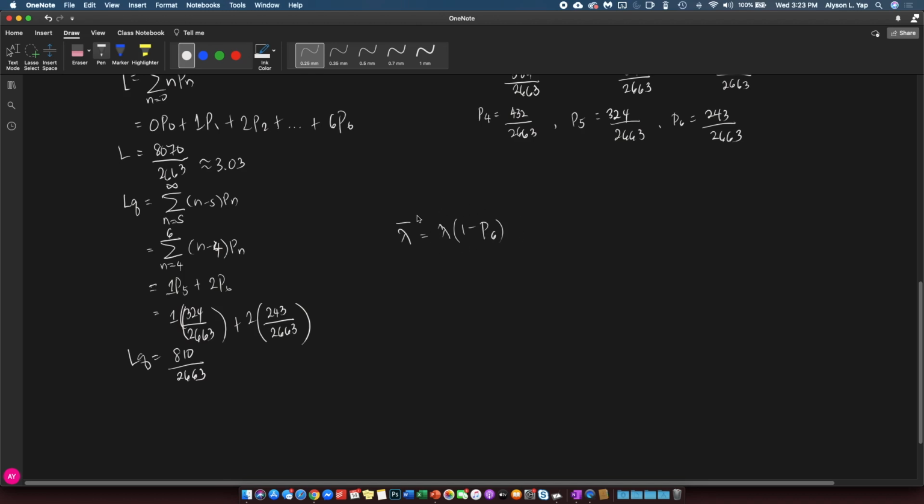And once you are able to get your lambda bar, then from here you can get your W, which is equal to L over lambda bar. And then from here, you will be able to get your WQ, which is equal to LQ over lambda bar. And this is what I mean by manually computing for the 4 performance measures L, LQ, W, WQ, given an MMSK model.